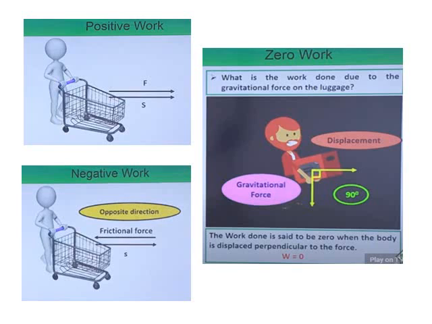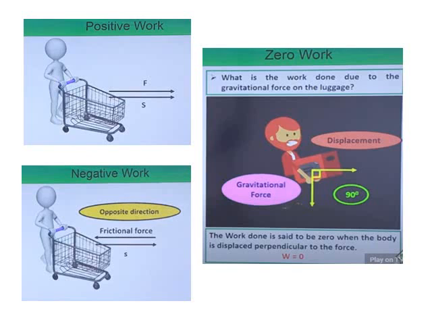He pushes the cart in the forward direction and therefore the trolley also moves in the forward direction. So the direction of the force is same as the direction of the displacement. Therefore, since both the directions are same, the work done here in this case is said to be positive.